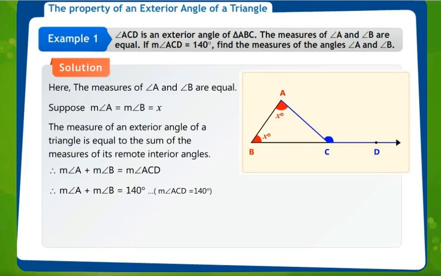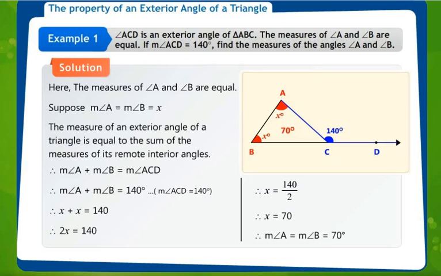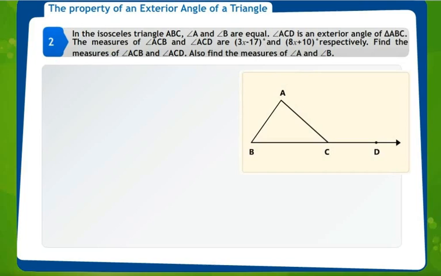So we can write measure of angle A plus measure of angle B is equal to 140, since measure of angle ACD is 140 and A is equal to B, that means x plus x is equal to 140. x plus x is 2x, 2x is equal to 140, that means x is equal to 70 degrees. 140 upon 2, x is equal to 70. So measure of angle A is equal to measure of angle B, which is equal to 70 degrees. So the property you have to remember is that the sum of the remote interior angles is equal to the exterior angle.